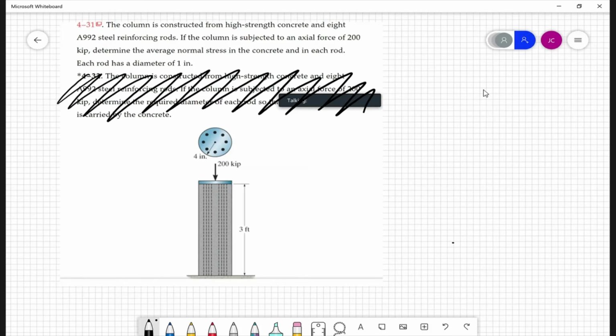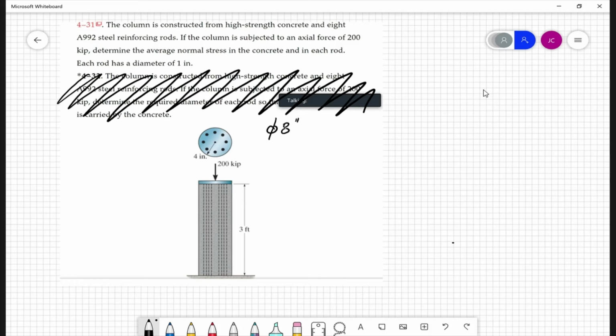So this is pretty typical. We have a reinforced concrete column here. The column has this concrete core, which has a diameter of 8 inches. But inside of it are 8 steel reinforcing rods, rebars.